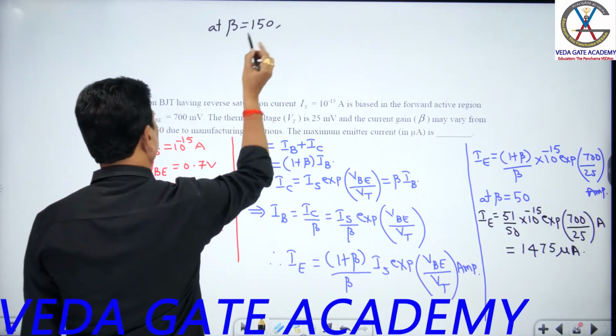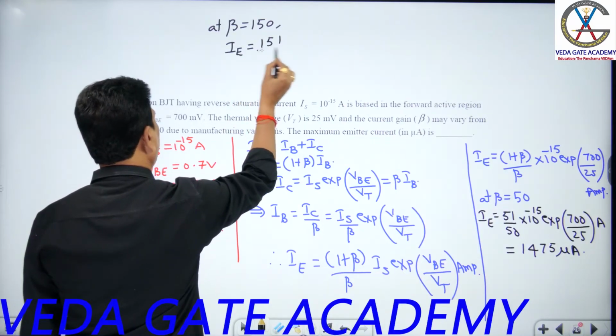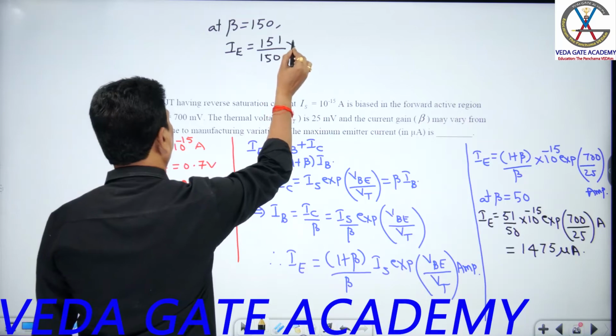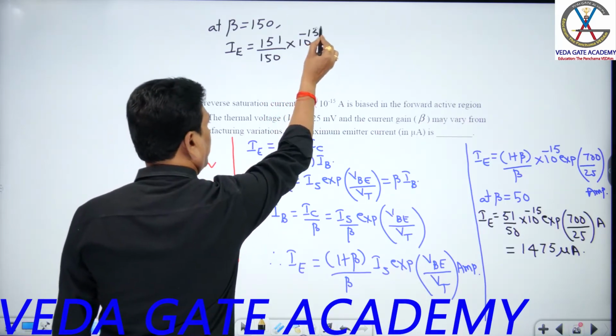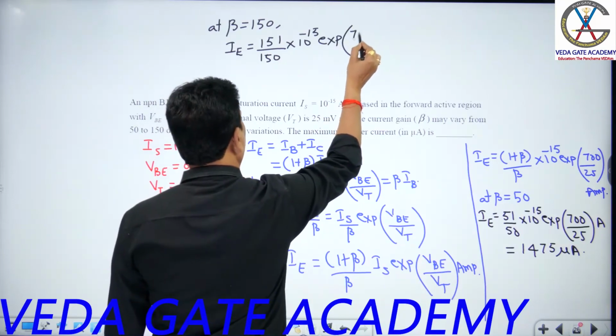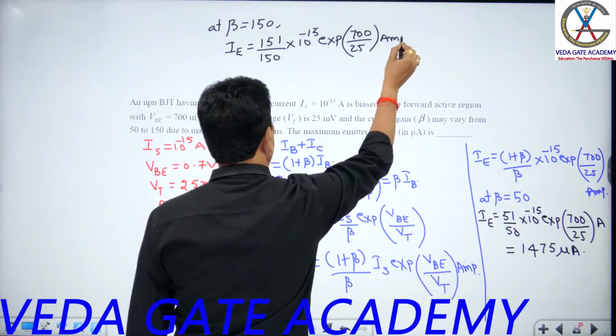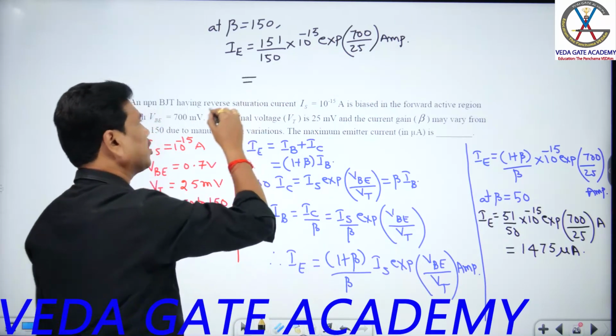Next option, at beta equal to 150: IE equal to 151 by 150 into 10 power minus 15 exponential of 700 by 25 ampere. It should become around 1456 microampere, students.